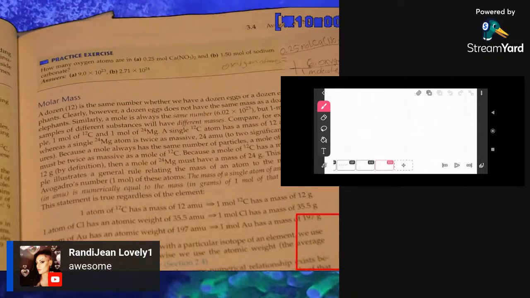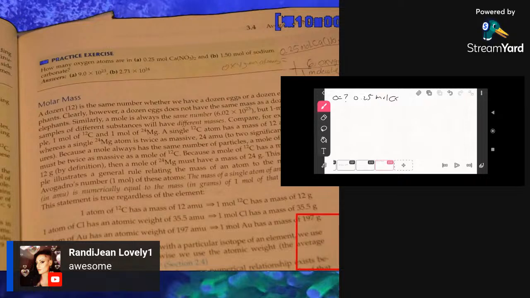How many oxygen atoms are in 0.25 moles of calcium nitrate and 1.50 moles of sodium carbonate? So they're trying to find out how many atoms of oxygen in 0.25 moles of calcium nitrate.